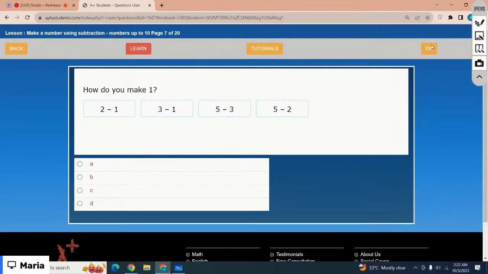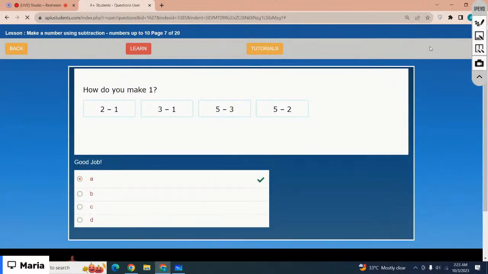The correct option is option number 1, right? 2 take away 1 is the correct option. That is the only option that makes 1.